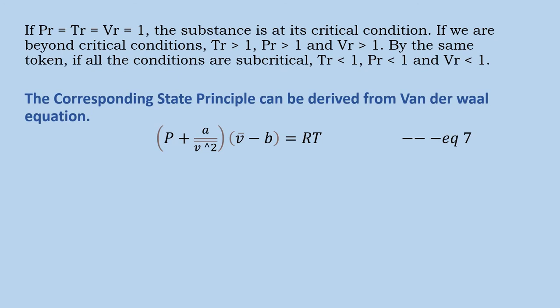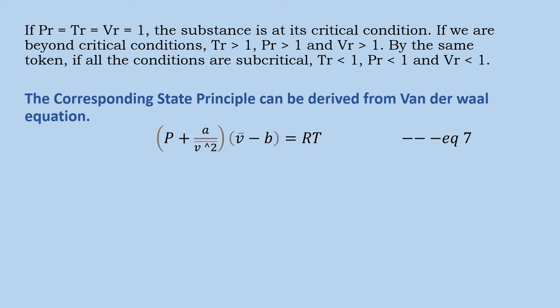Now, in order to derive the corresponding state equation, we have to begin from the van der Waals equation itself, which is (P plus A upon V square) into (V minus B) equals RT.